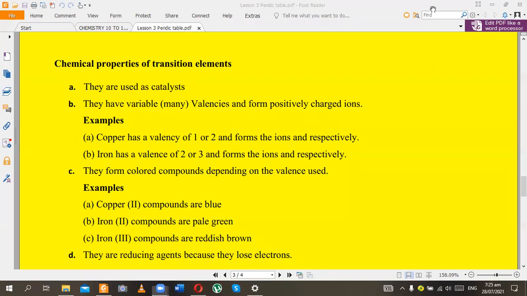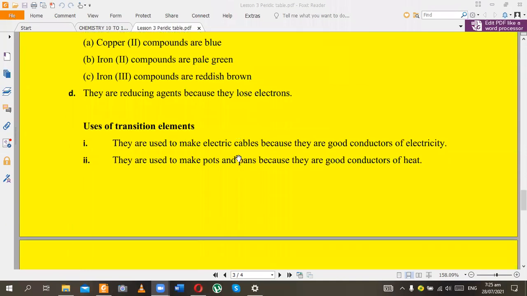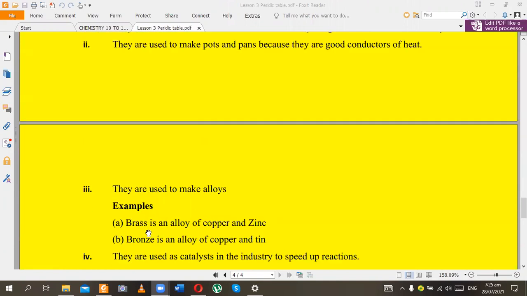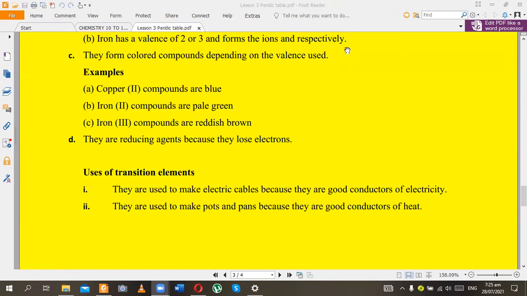Okay, so let's go to the next one. The uses, of course. Now this is the last part. Remember, I was saying that at times the examiners will ask you to give the use of an element supported by the property.